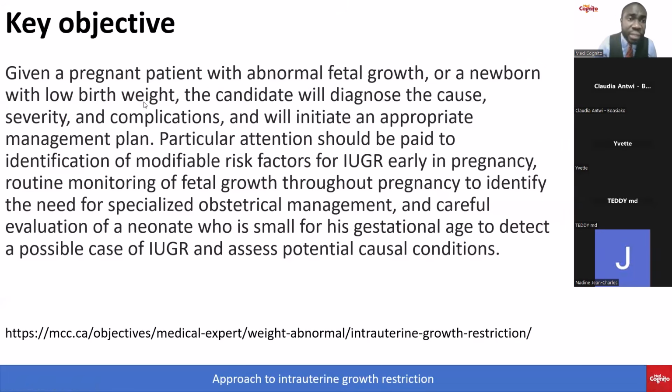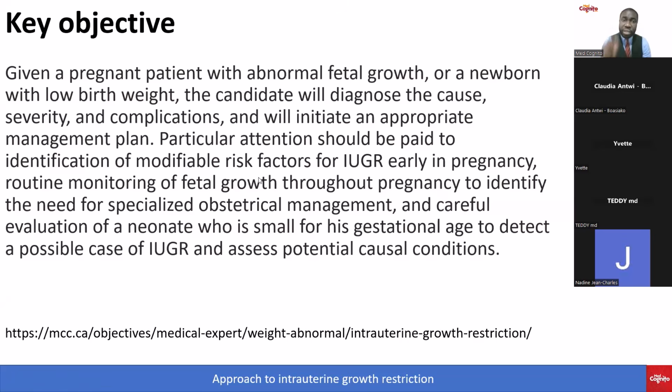Okay, so now, given a pregnant patient, this is the key objective. Given a pregnant patient with abnormal fetal growth or a newborn with low birth weight, the candidate, that is you, will diagnose the cause, the severity, complications, and will initiate an appropriate management plan.